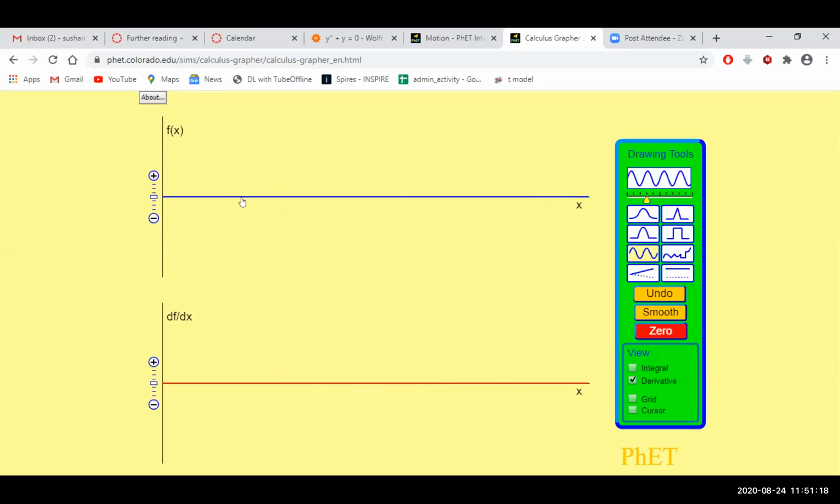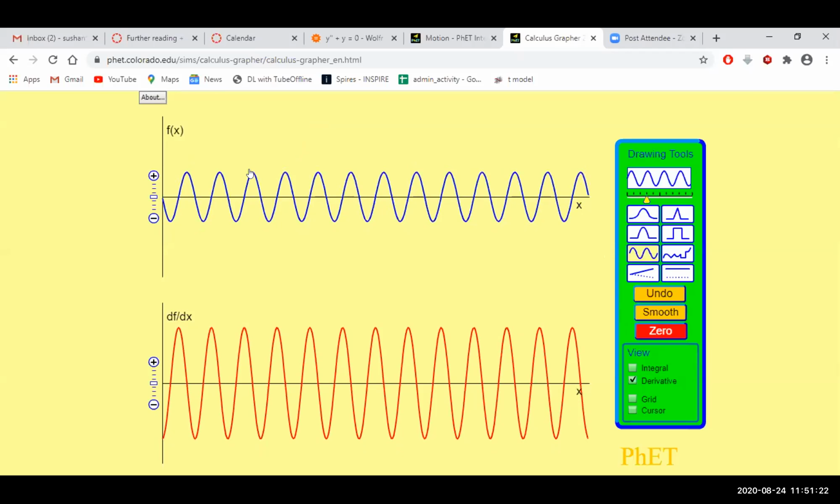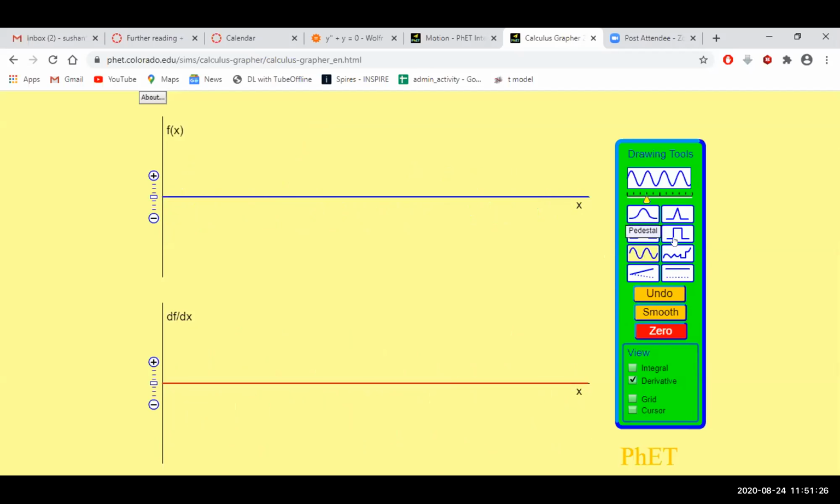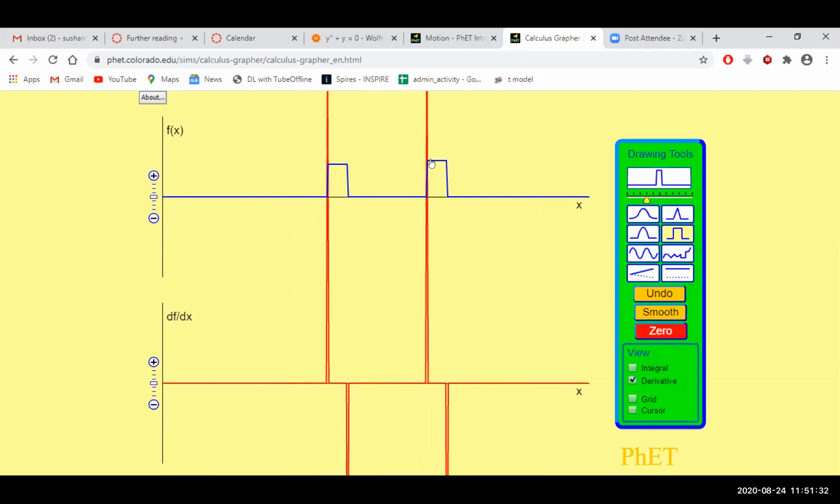You can do it with sine waves. Oh dear. What is happening over here? So first, the function is not changing.